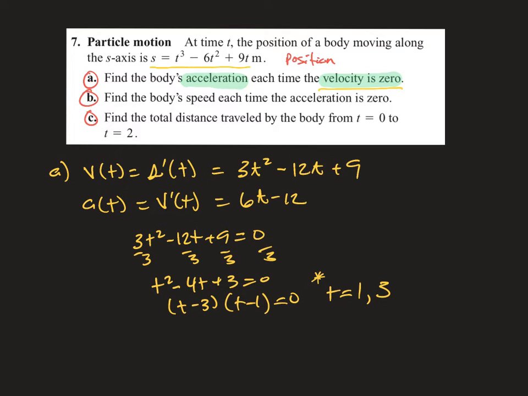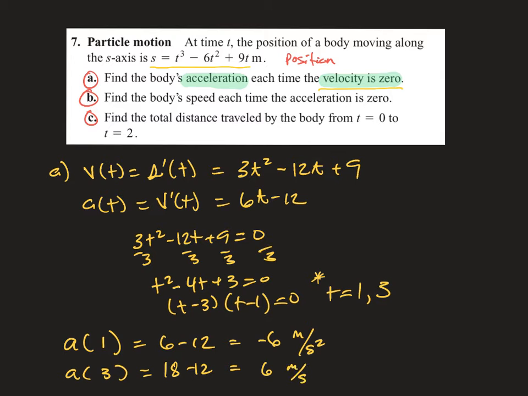And so to finish off letter A, I'm going to compute a of 1, which is 6 minus 12, which is negative 6. That's meters per second squared. And a of 3, 6 times 3 is 18, 18 minus 12, that's going to be positive 6, and that's meters per second squared.